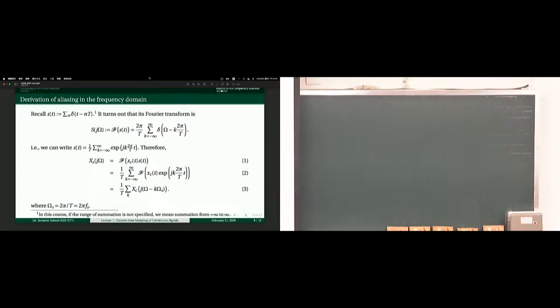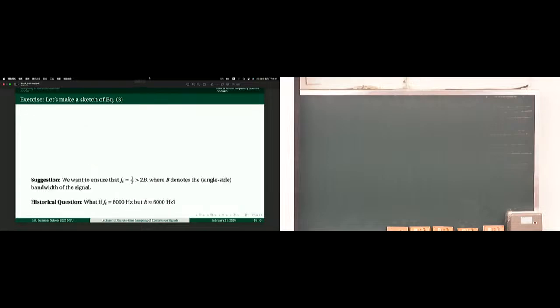So that's why yesterday we recommended that, even though they will inevitably superpose, what we can make sure is that we want this shift, 2 pi over T, to be far enough away. Because they will be shifted and added on top of one another, we want the shift to be large enough, even if we have a spectrum which is band limited with bandwidth B, in the omega domain.